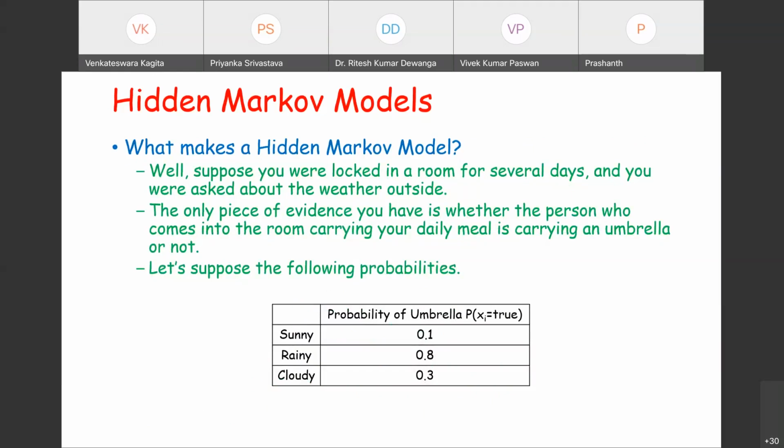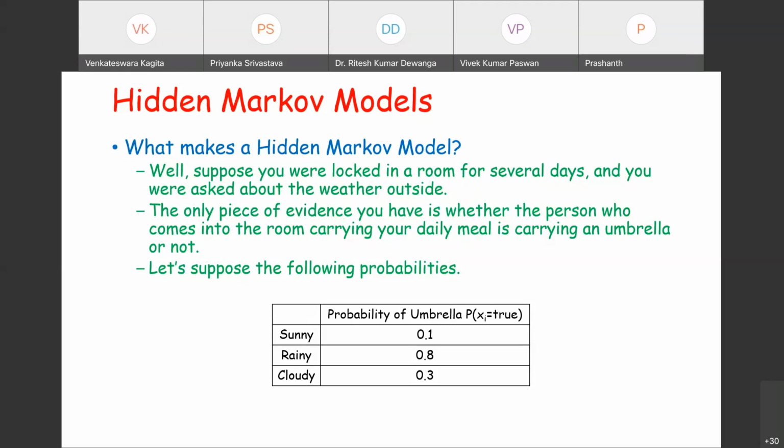Well, suppose you're locked in a room for several days and you are asked about the weather outside. The only piece of evidence that you have is whether the person who is coming to you, bringing food for you, is carrying an umbrella or not.